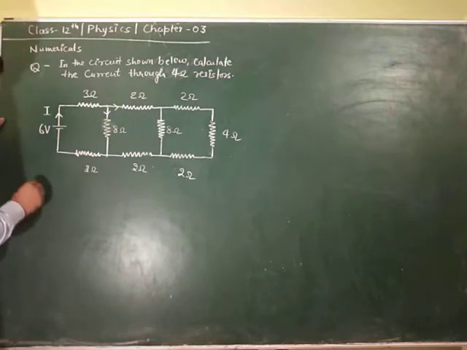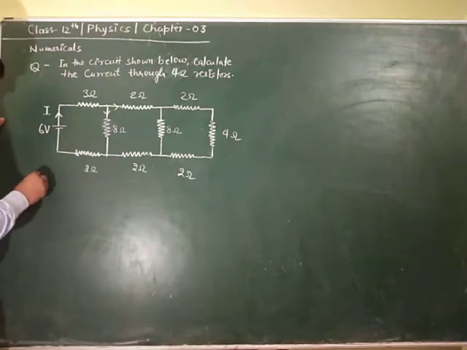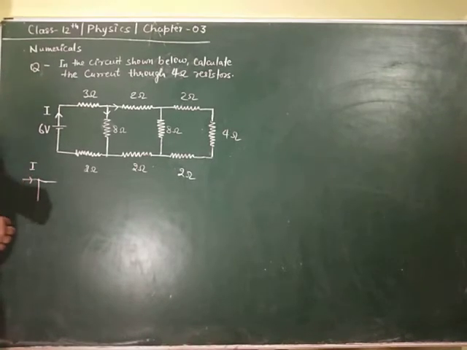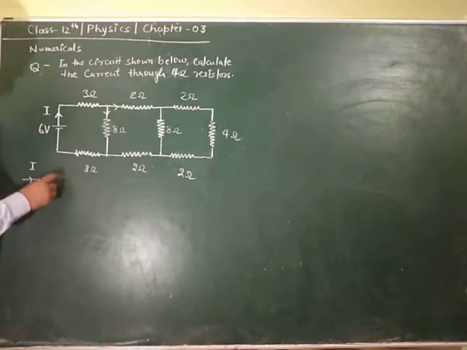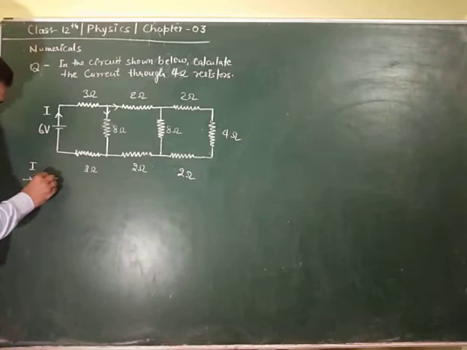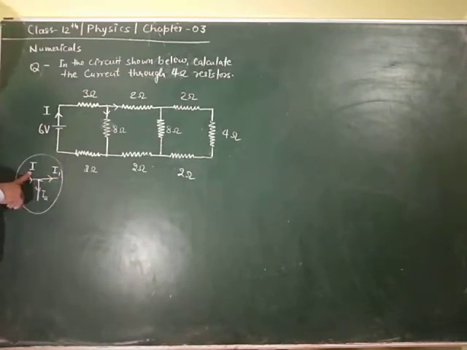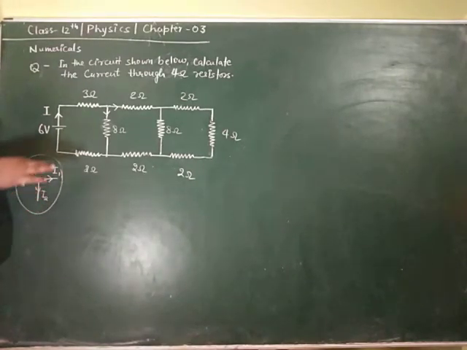I mean to say that suppose I reaches here and has two directions. So many times you have seen in many books that you mark I1 and I2. So this will increase the variables to three: I is a variable itself, I1 and I2. There are three variables now that you have introduced if you do it like this.